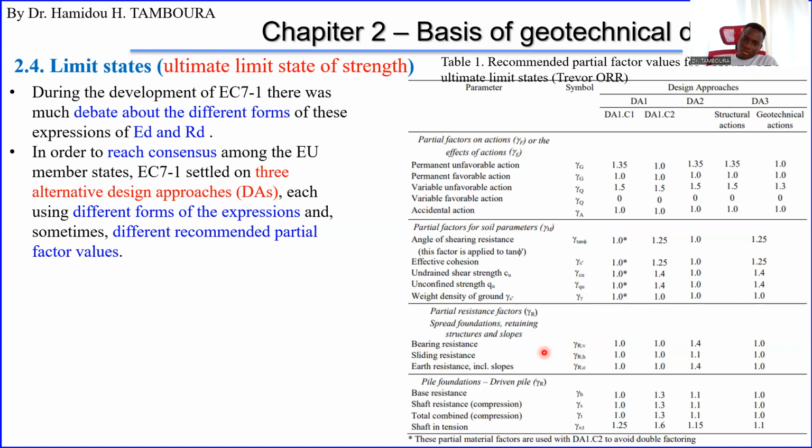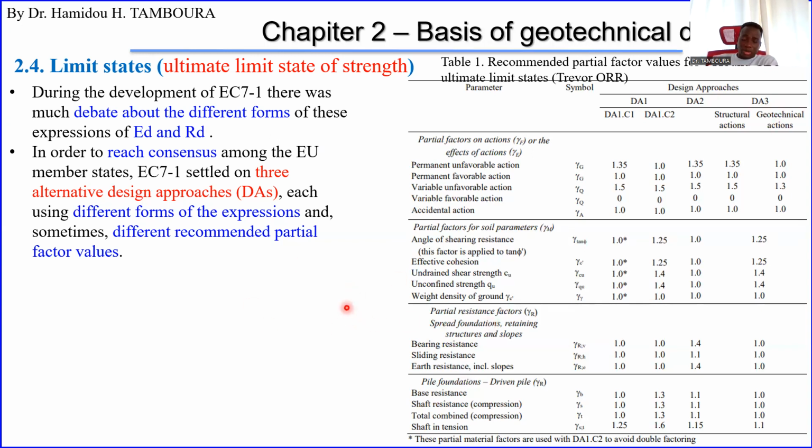For pile foundations, for example driven piles, you have this gamma R: base resistance, gamma B, shaft resistance, gamma S, total combined compression, gamma T, shaft in tension, gamma ST. So the values are here for each design approach.